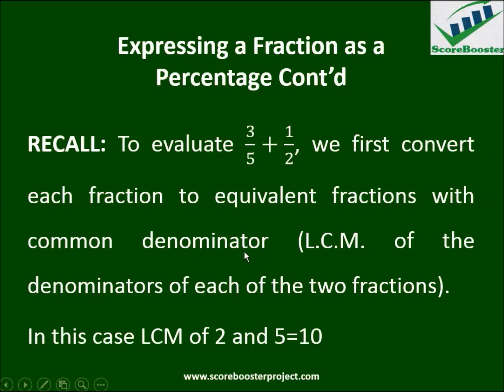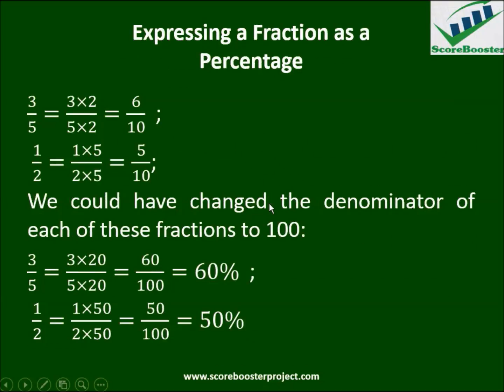A common denominator which will be the LCM of the two denominators, and in this case the LCM of 2 and 5 is 10. So we rewrote each of these fractions such that each of the two will have a denominator of 10, which is the LCM of the two denominators.